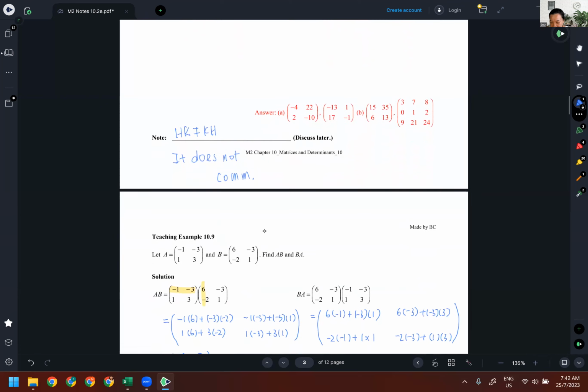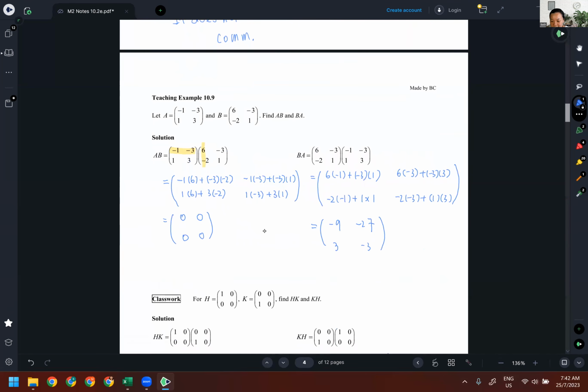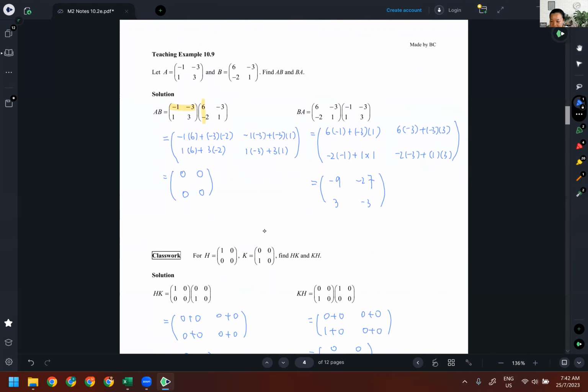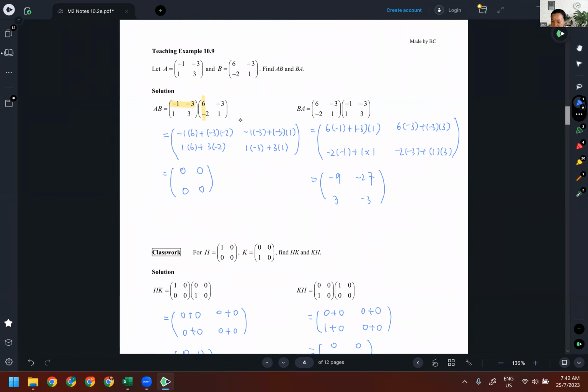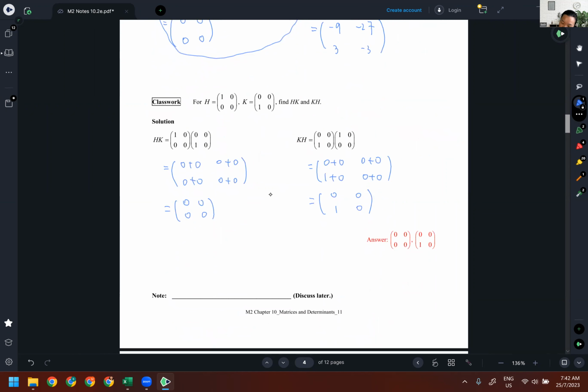Second, the last thing from the second example. Something strange about this multiplication, please notice, is that A is not 0, B is not 0, but A times B is 0. Very strange.